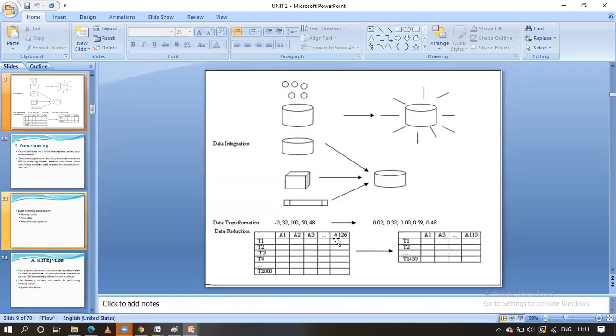We have reduced the attributes, and likewise we have reduced the tuples. Here 2000 tuples are there, and I have taken only 1450 tuples. In this way we reduce the overall data. The next one is data selection, guys. In data selection we take only the relevant information that is needed for data mining. These are all the pre-processing steps, guys.